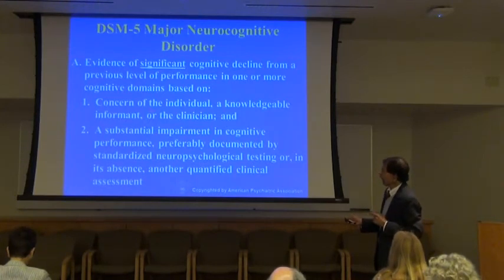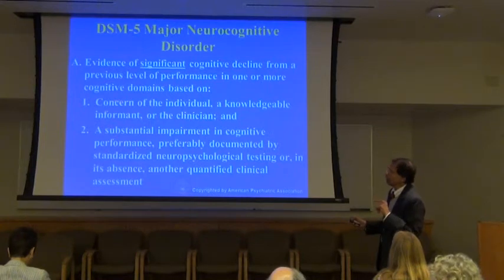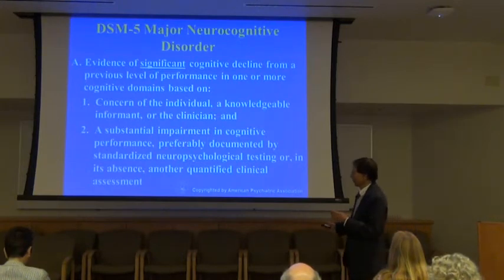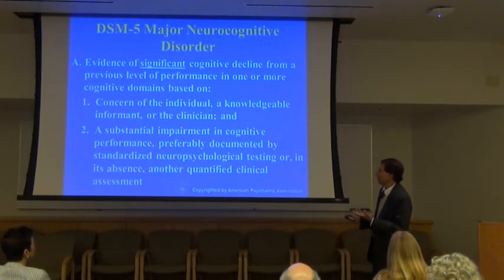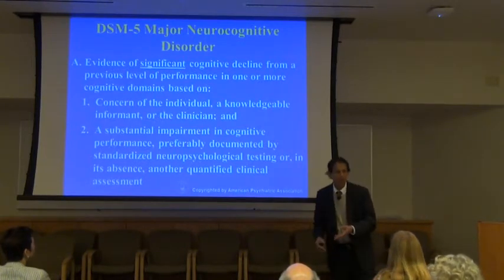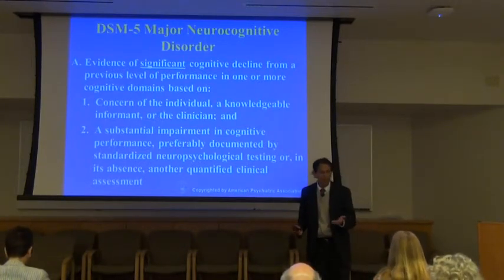This is important though: cognitive impairment must be reported by the individual himself or herself or a knowledgeable informant to the clinician, and there should be some objective evidence. Ideally it should be standardized neuropsychological testing, but in its absence another qualified clinical assessment. So some bedside test can be done.